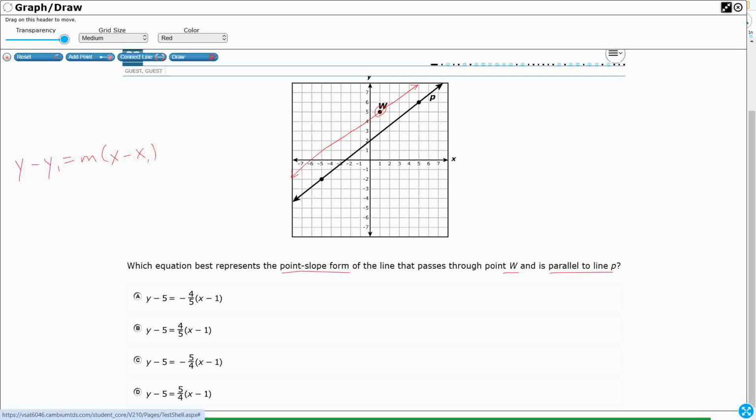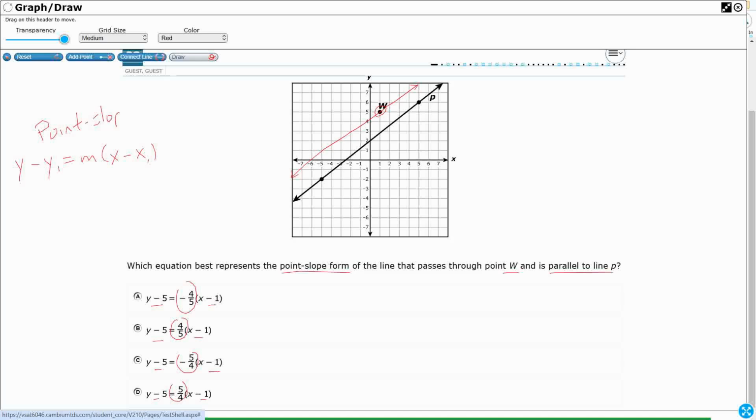But this is our point-slope form, so it's going to end up looking something like this. As you can tell, all of our answer selections do look something like that. And honestly, they all have a -5 and a -1, so that's constant in all of those. The difference is this number. That number changes.